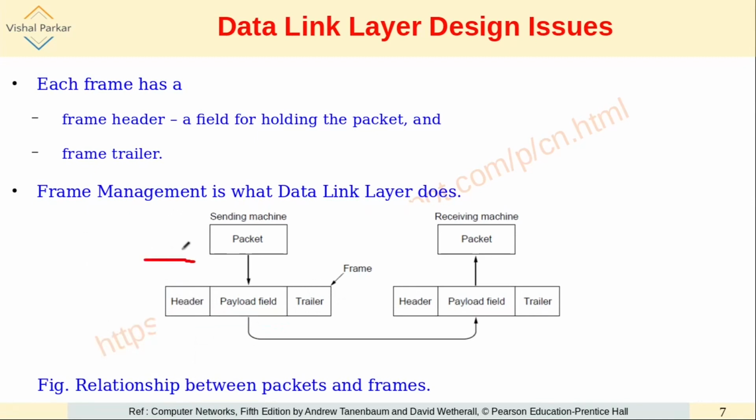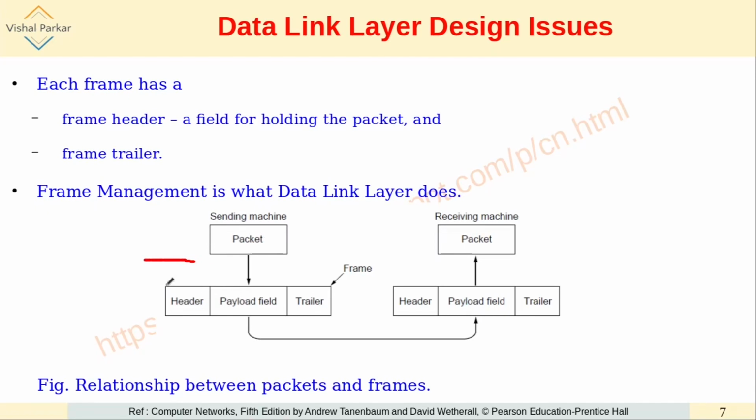Basically the part above this line is the network layer, and below the line is the data link layer. The network layer transfers that packet to the data link layer. Based on the size of the packet, it will be converted into one or more frames.